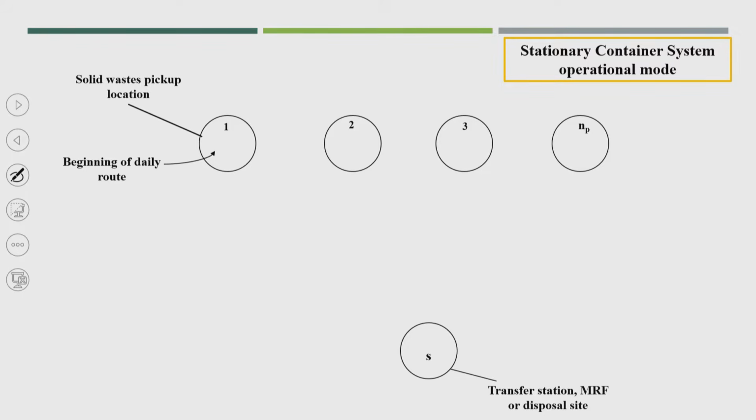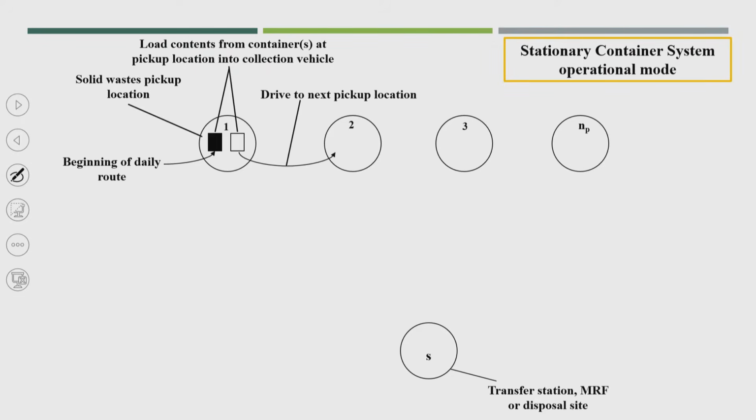It starts with the first location and loads the content from the container, so that the container will be empty. Then it goes to the next pickup location and does the same, loading the content from the container or dustbin.